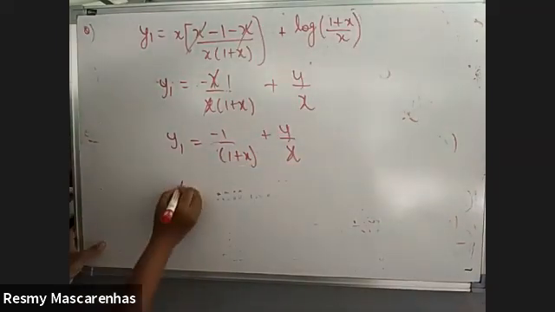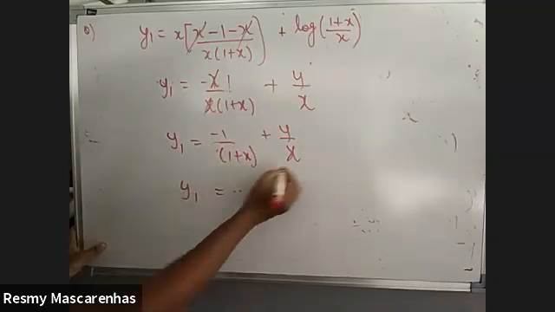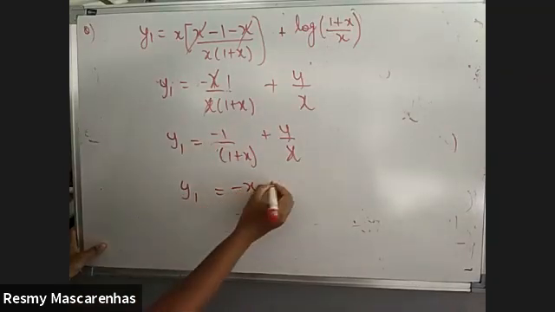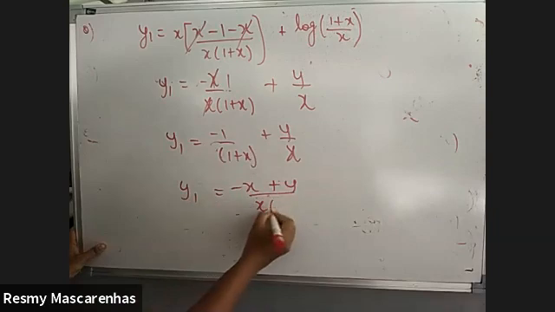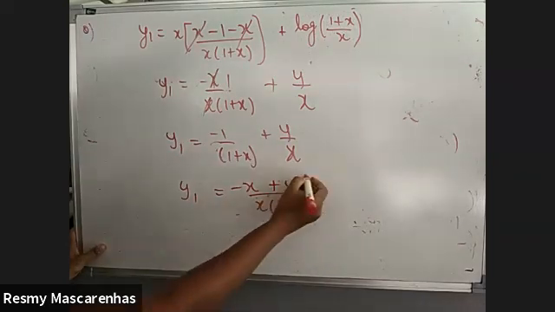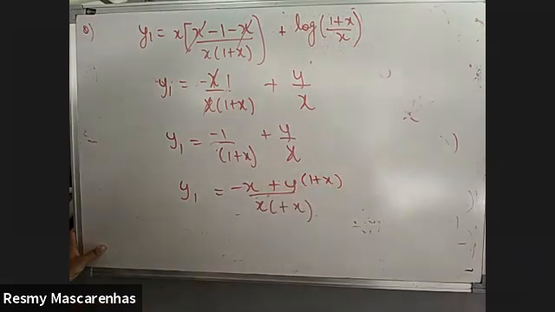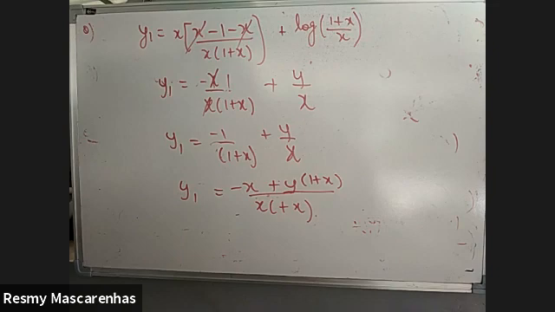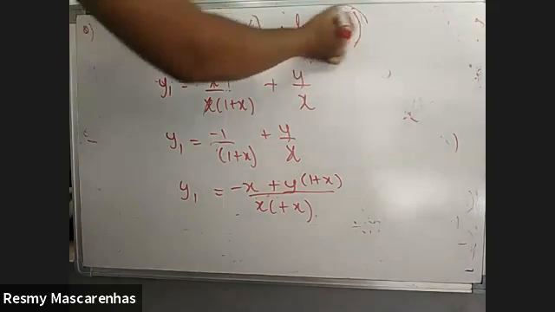And now you can cross multiply. So this will be minus x plus y, cross multiplied again. Only this step you have to know.